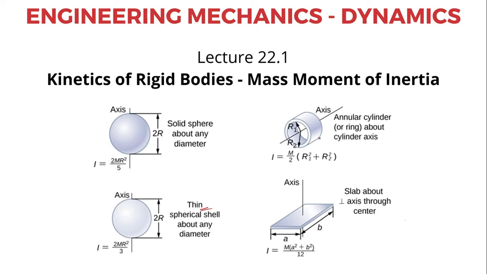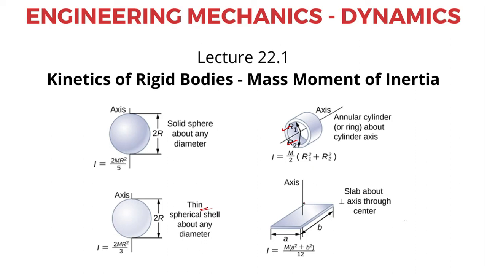And then you have the moment of inertia of an annular cylinder, okay, consists of an outer diameter r2 and an inner diameter r1. So in that case, the moment of inertia I is given as m by 2 into r1 square plus r2 square. Similarly, moment of inertia of a solid slab here, okay, having one length a here and the other length b here.